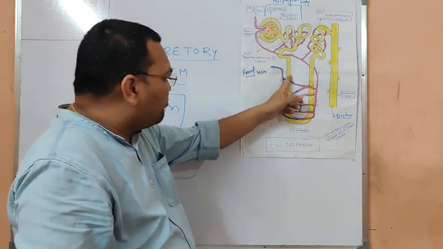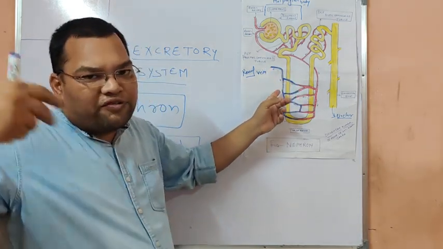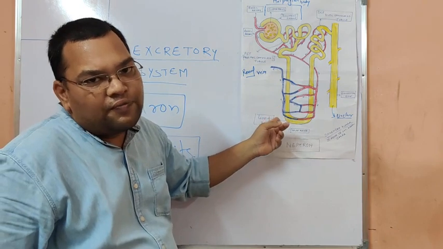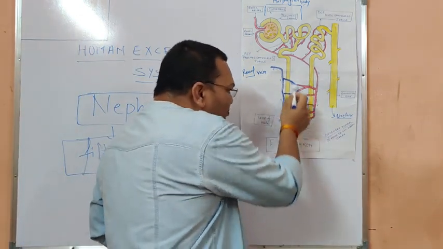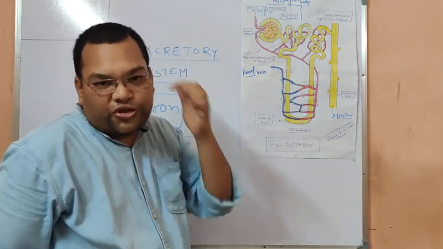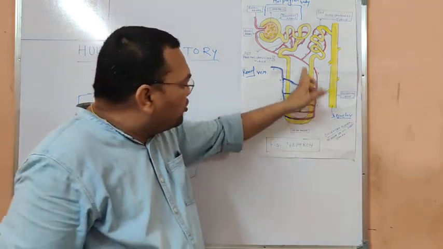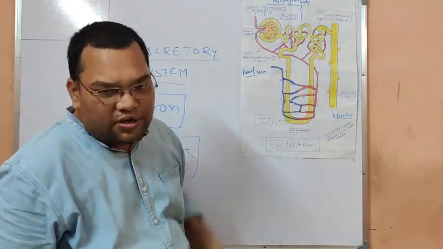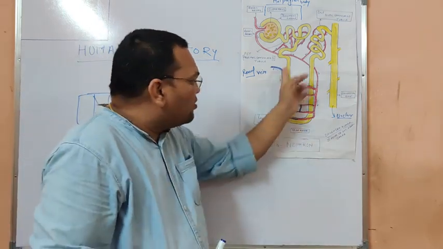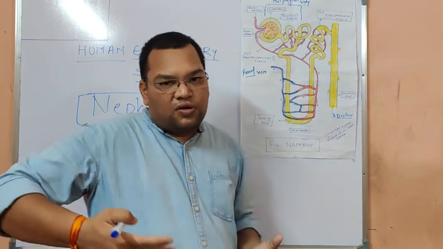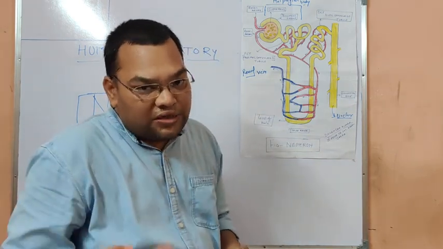So from the renal vein it goes to the vena cava, and from the vena cava it goes to the lungs. So sir, why is there a red portion, why is there a blue portion? Now the red portion denotes oxygenated blood. This nephron is also a cell, and it also needs energy. It also needs oxygen.